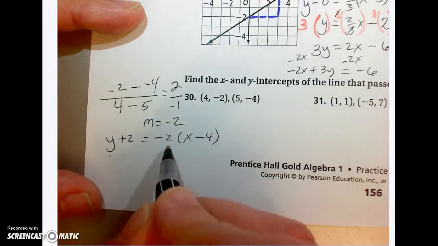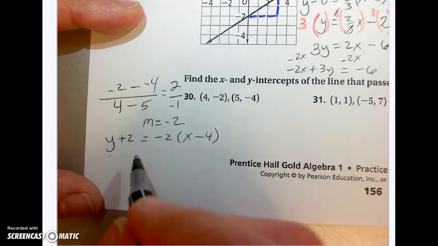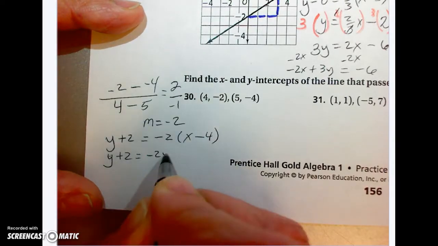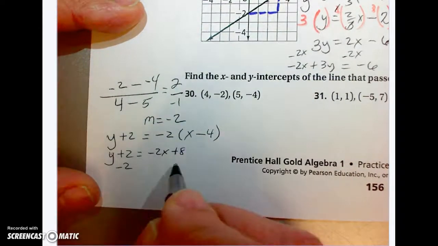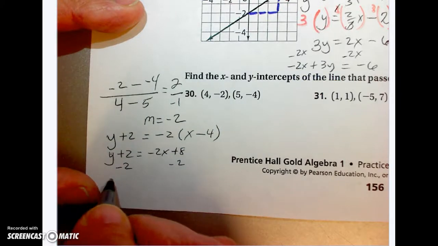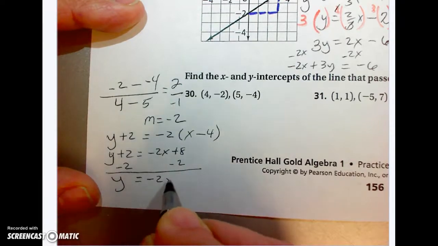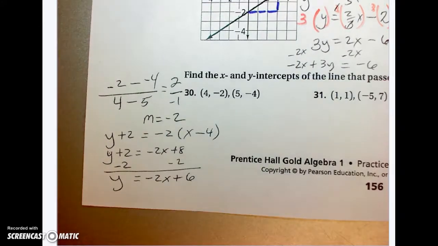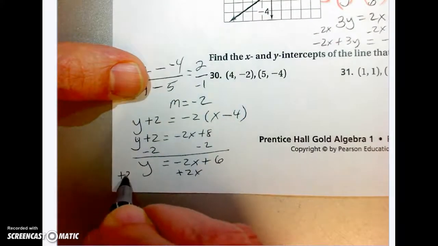And now I need to distribute my negative 2. Now I'm going to subtract 2 from both sides. Now I'm going to put it in standard form, so I need to add 2x to both sides of the equation.